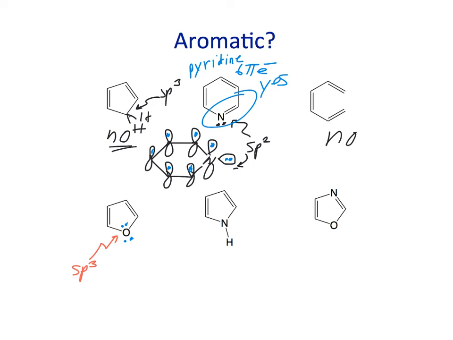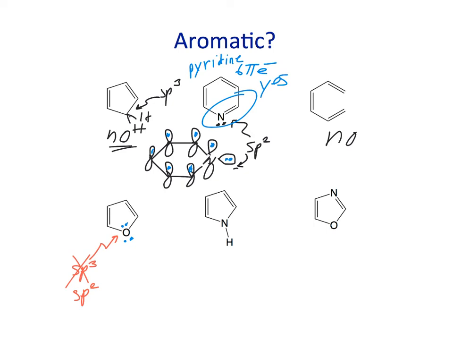Okay, so this is not going to be sp3, it's going to rehybridize to sp2. It actually pushes some of those electrons closer together, which costs some energy, but it becomes aromatic, right? It has to pay this ticket price to become part of the aromatic club, right? And then the payoff is big, right?